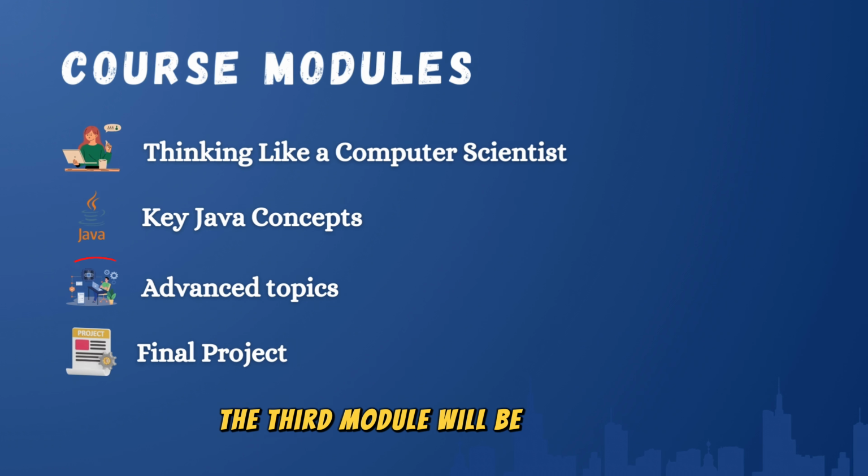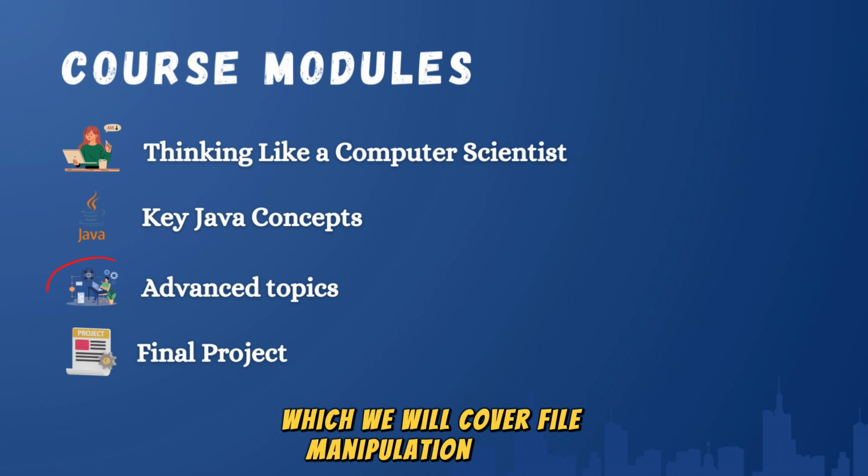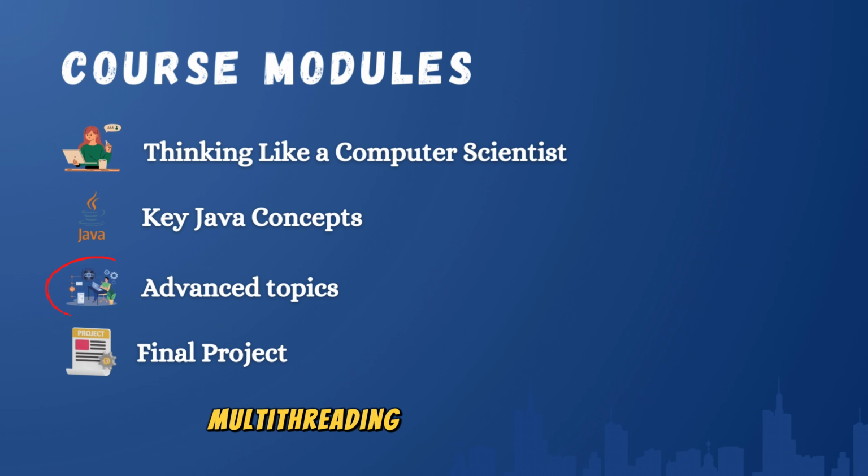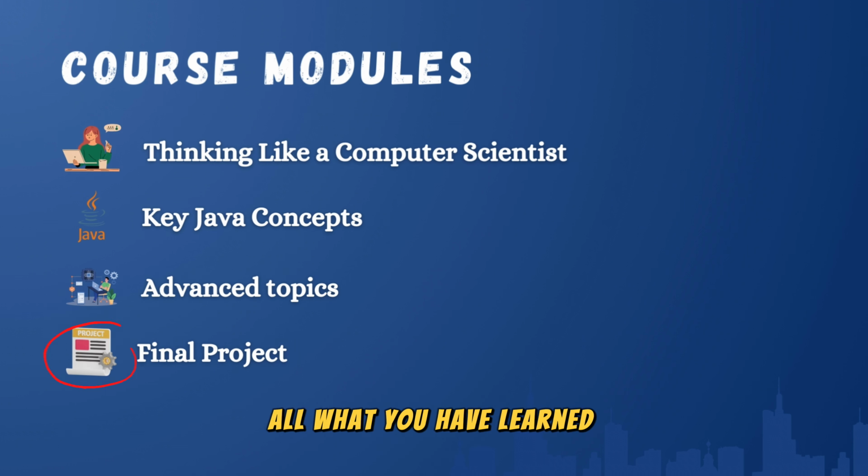The third module will be advanced topics, where we will cover file manipulation in Java, multi-threading, and also databases in Java. And the last module will be the final project, where you can practice everything you have learned throughout the course.